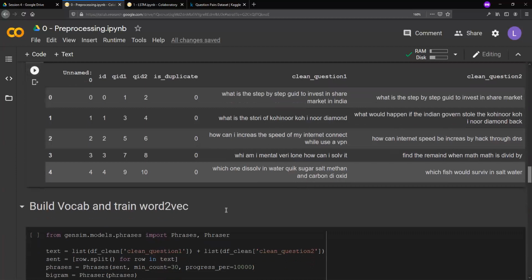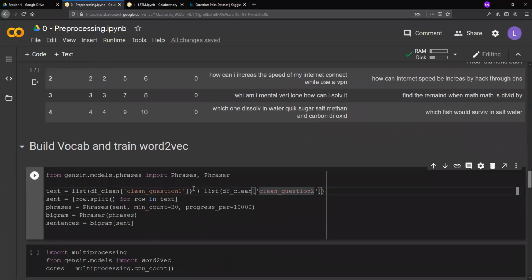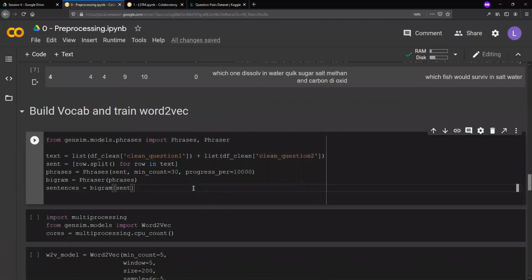Now, what we're actually going to do is use a pre-trained word2vec model in our neural network. So what we're going to do is similar to what we did last week.